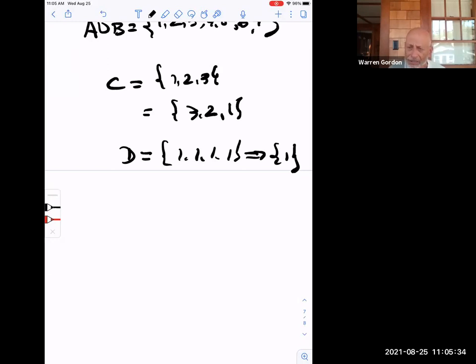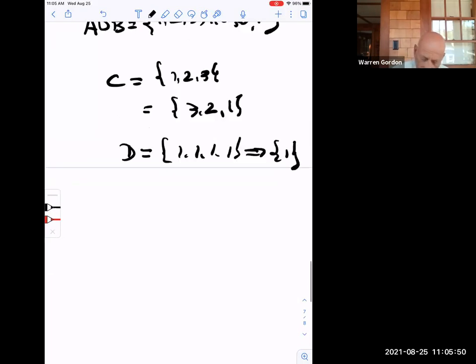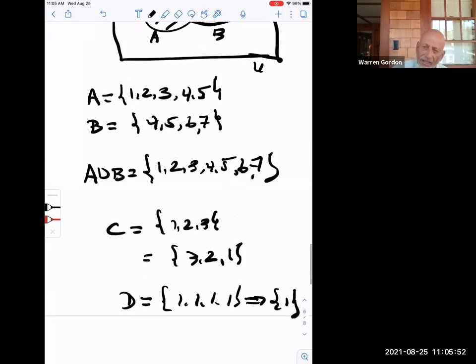So I wouldn't repeat elements. Basically, to get the union, you take all of A, you take all of B, you throw them together into one set, and you don't list any element more than once. Anybody have any questions so far? Another way of saying it: the union of A and B consists of elements that are in at least one of the two sets.